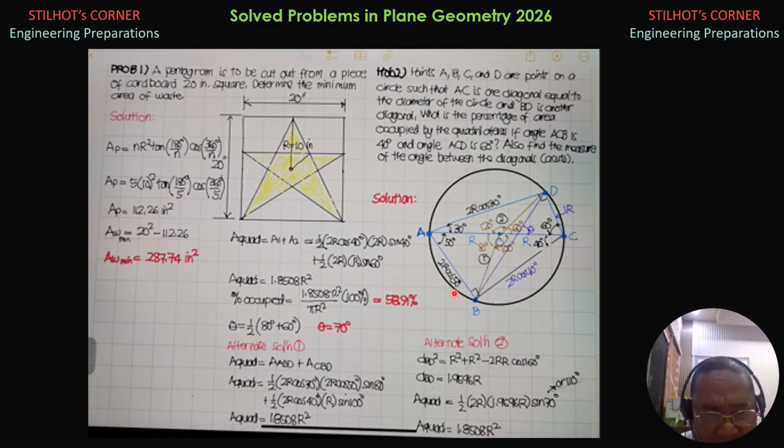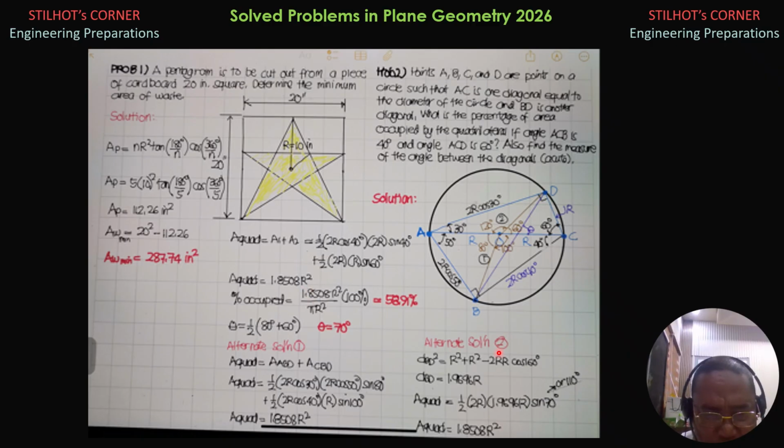So the area of triangle ABD is 1 half of 2r cosine 30, which is this side, plus 2r cosine 50 degrees, then times sine of this angle, which is 80 degrees, plus 1 half 2r cosine 40 degrees plus r times r rather, then sine of angle here, which is 100 degrees. So you'll get the same area, 1.8508 r square.